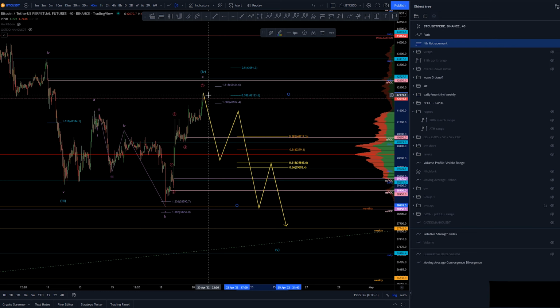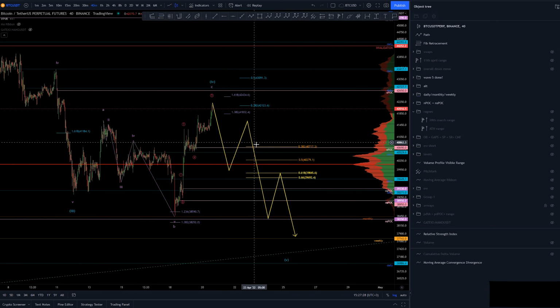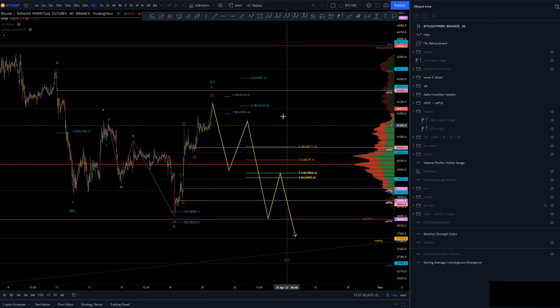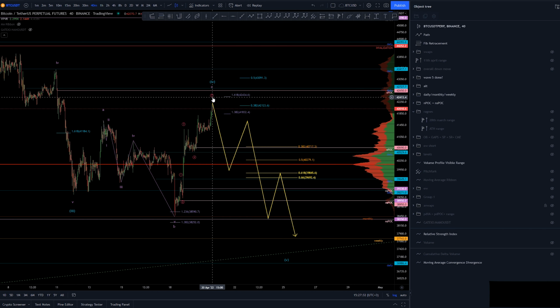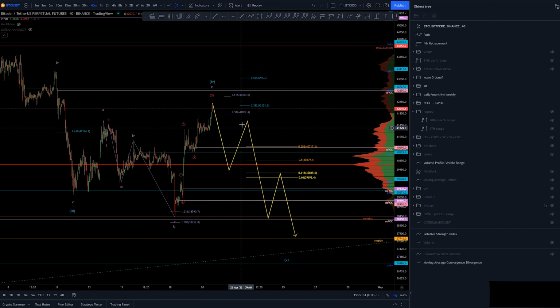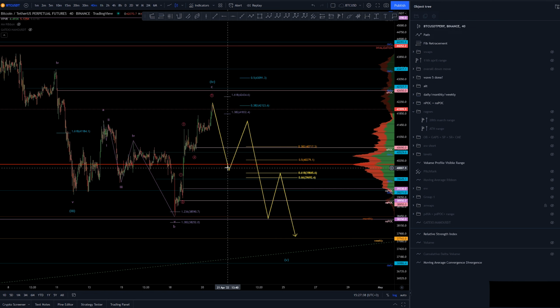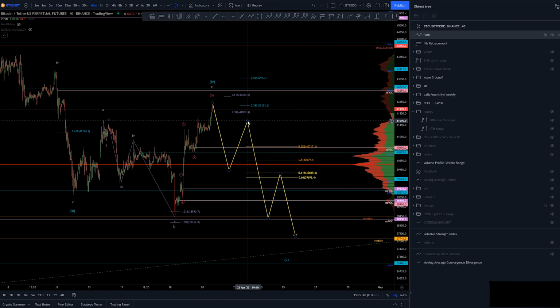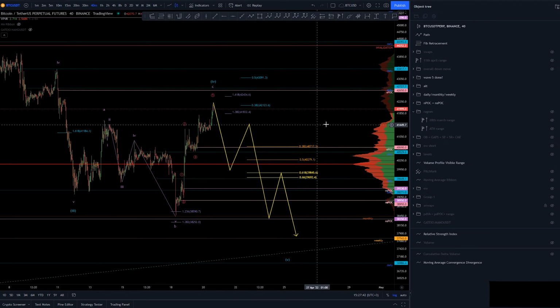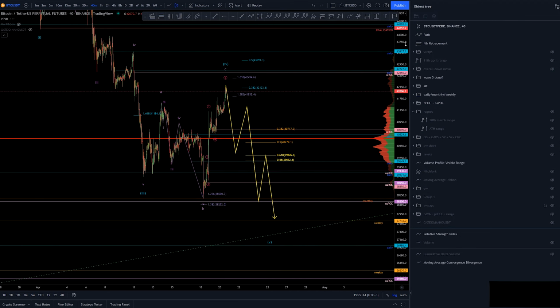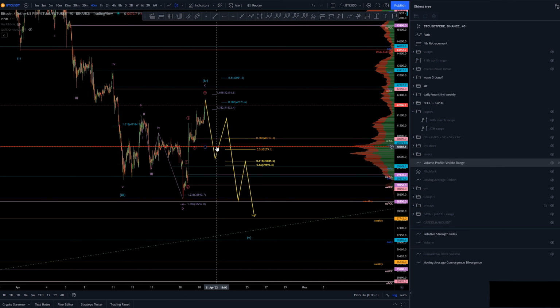So if we are looking at this as a bearish, aka 5 wave correction, we would be looking 5 waves down, 3 waves up. So at that point we could be looking at something around most likely this volume profile here before we are going to be pushing up.